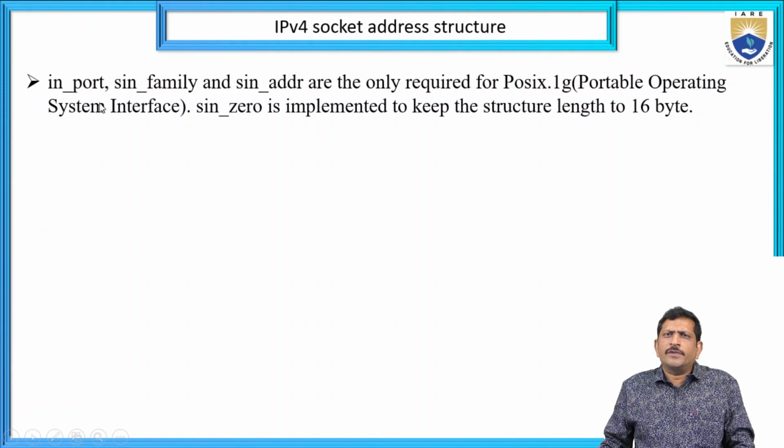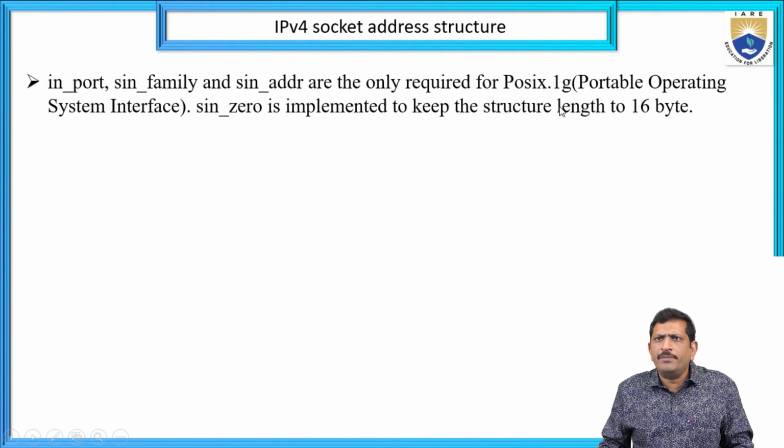Internet port, socket internet family, that is sin_family, sin_port, and sin_addr are the only ones required for POSIX.1g, which is the Portable Operating System Interface. sin_zero is implemented to keep the structure length to 16 bytes.